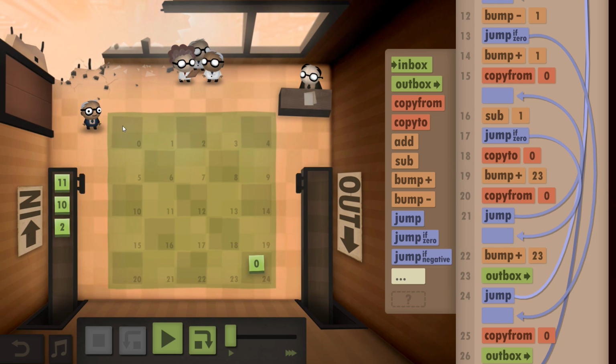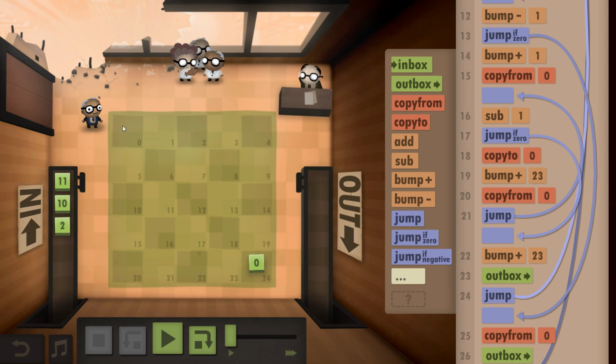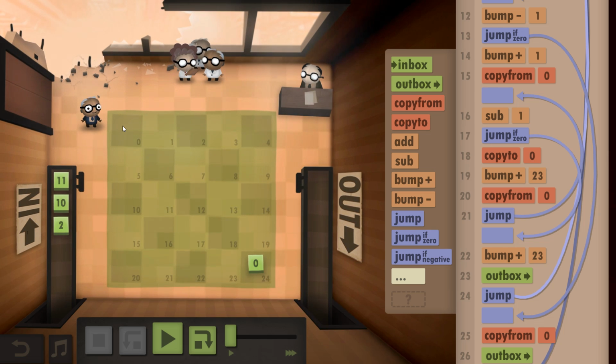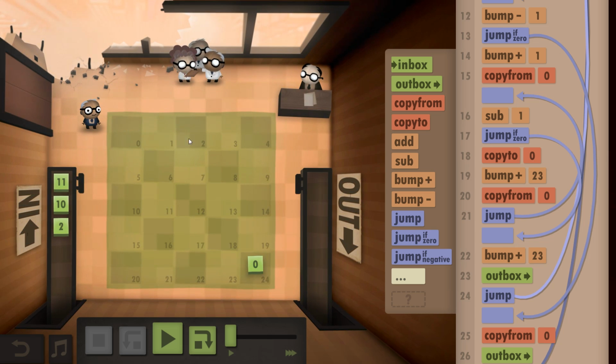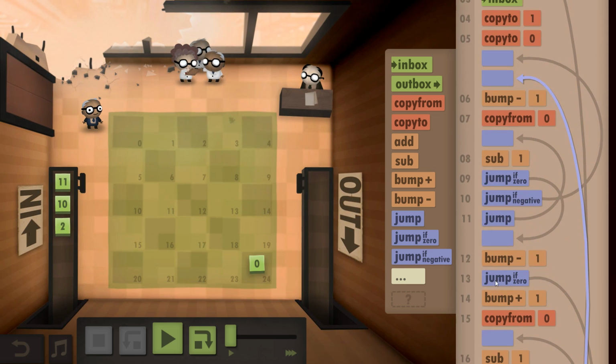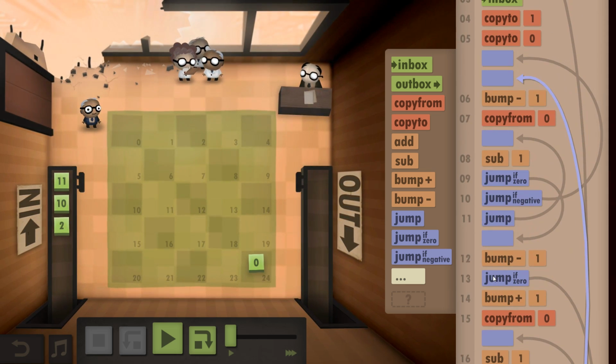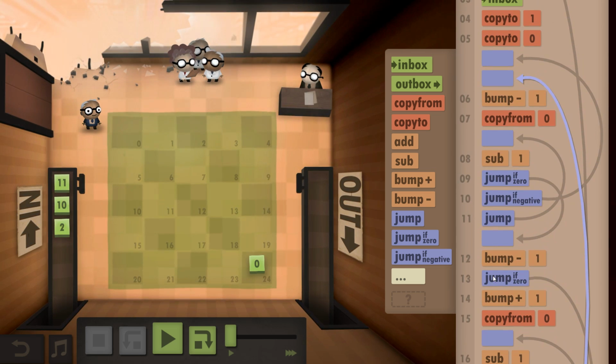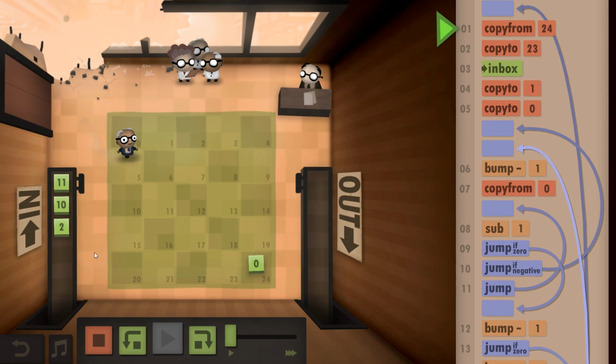What do I have here? 5. So if I just jump back up here, I have no idea.